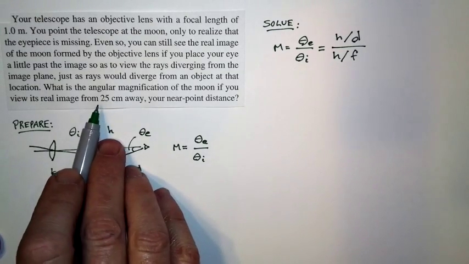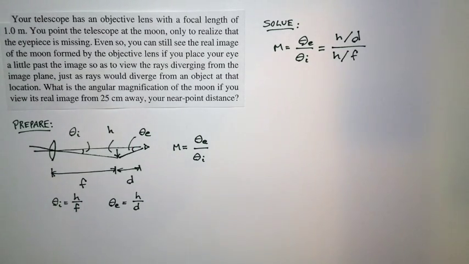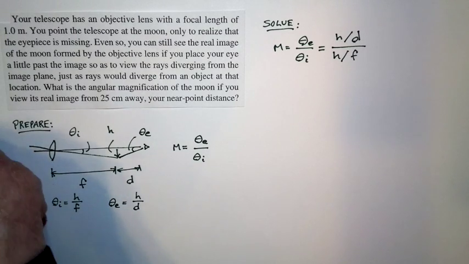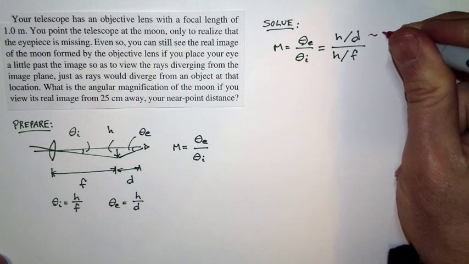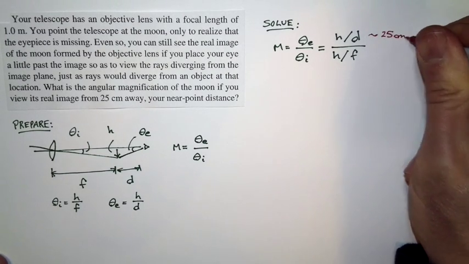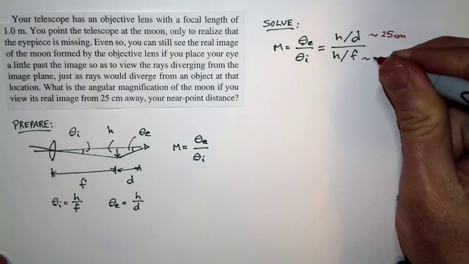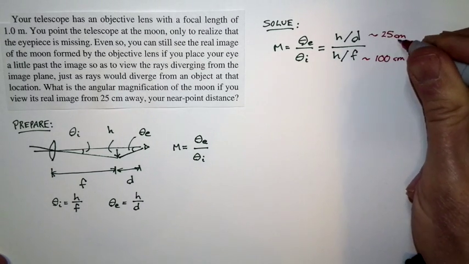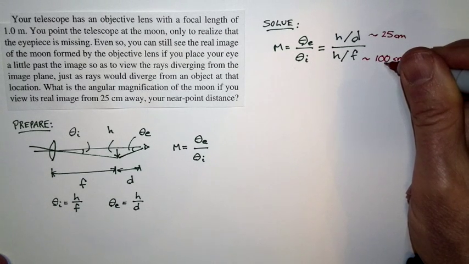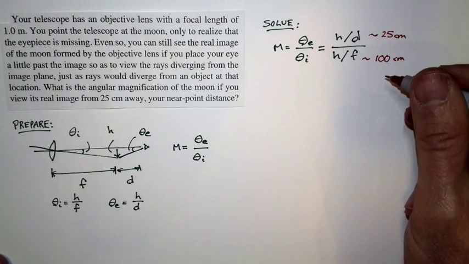Now, you can see the object from 25 centimeters away. So let's go ahead and put in some numbers. d, the near point of your eye, where you put the image to look at it, is 25 centimeters. f, the focal length of the lens, is 1 meter, but I'm going to write it as 100 centimeters, so I've got centimeters over centimeters, and everything is going to cancel.